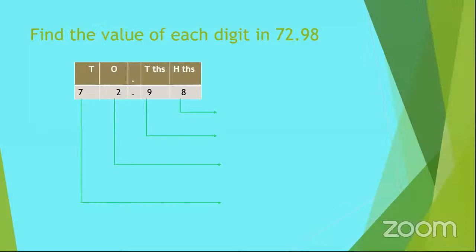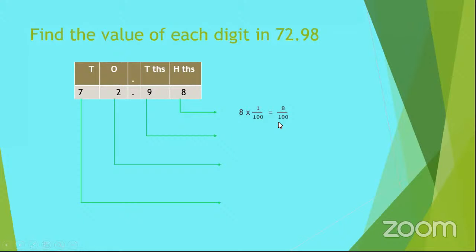From here, when you give place values to these digits, to get the value you multiply the digit times its place value. When you look at 8 here, the place value of 8 is hundredths, so we write it as 1 out of 100. When you multiply 8 times 1, you get 8 out of 100.